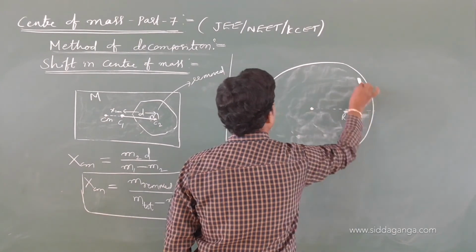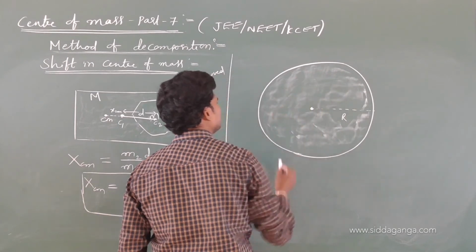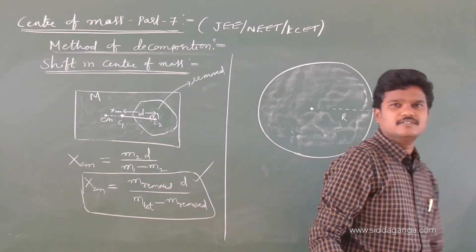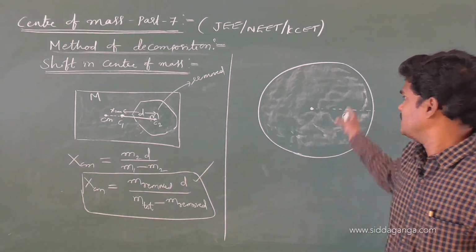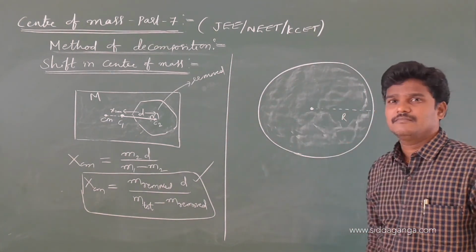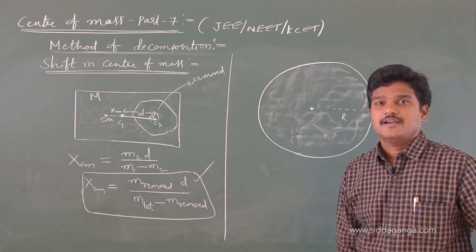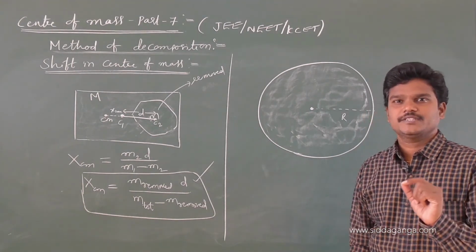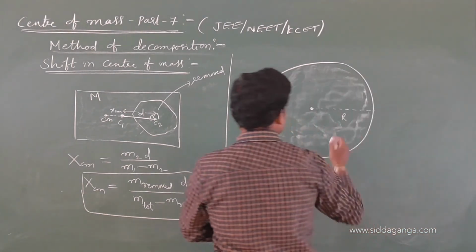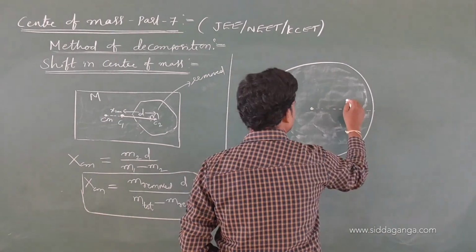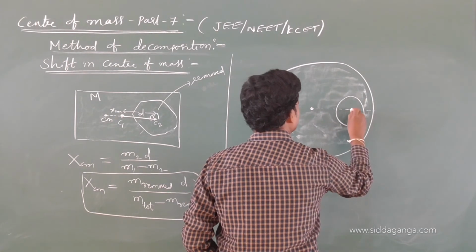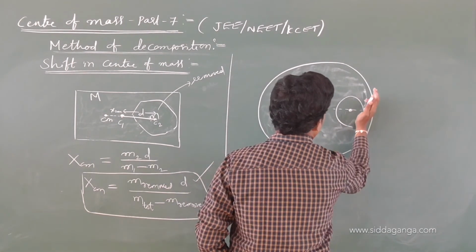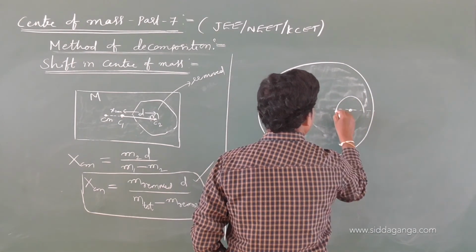I am going to cut that part. A circular disc of radius capital R, from which another circular disc of radius small r is cut. So let us suppose this is the other circular disc. It looks like a circle.